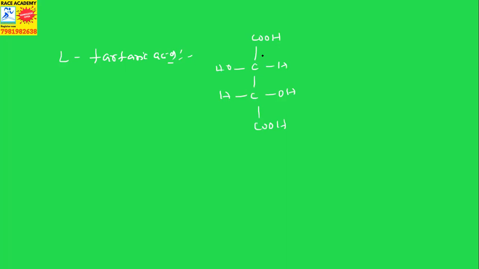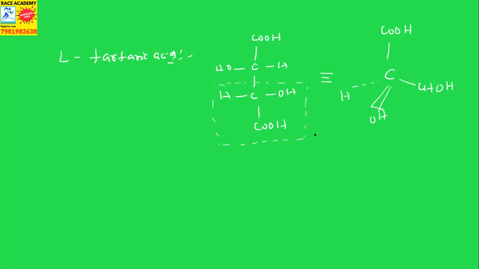Here, by two rotations of this one, a tetrahedral rotation, if you observe this location, by two rotations this can be written as COOH, and this can be written as CHOH. The other one is OH.